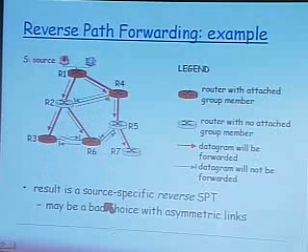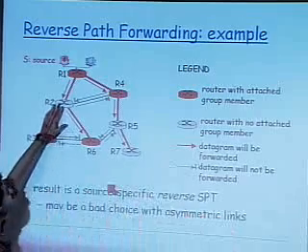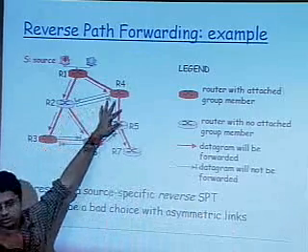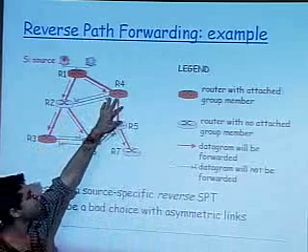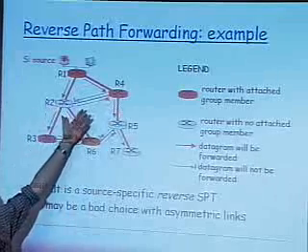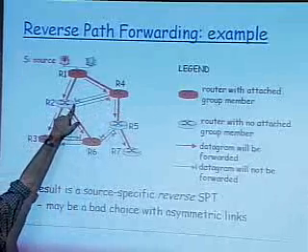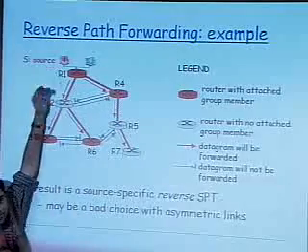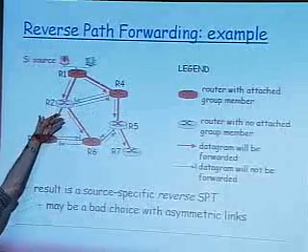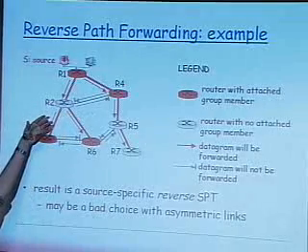And now what happens is, the same packet which was flooded by R2 comes to R4, and the packet which is flooded by R4 comes to R2. Now R2 and R4 will notice that this packet, which originated here from the source, is not on the shortest path back to the sender.